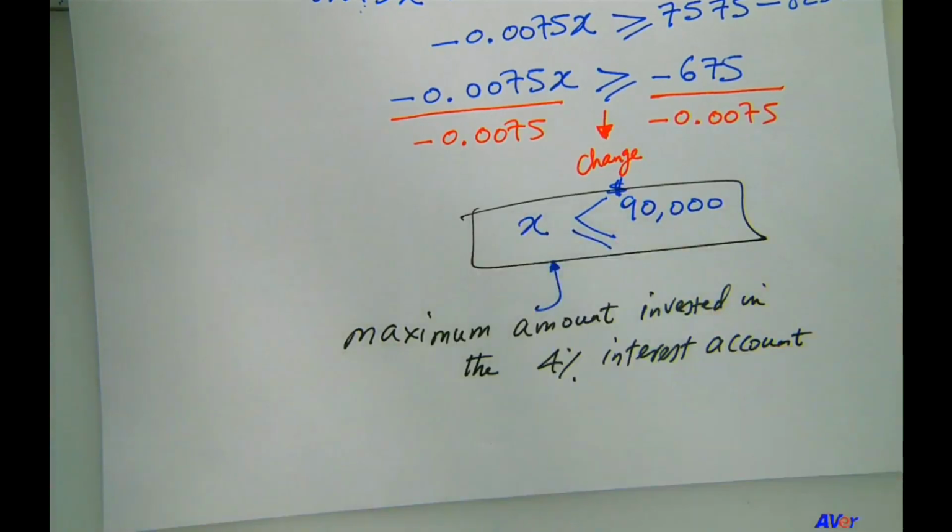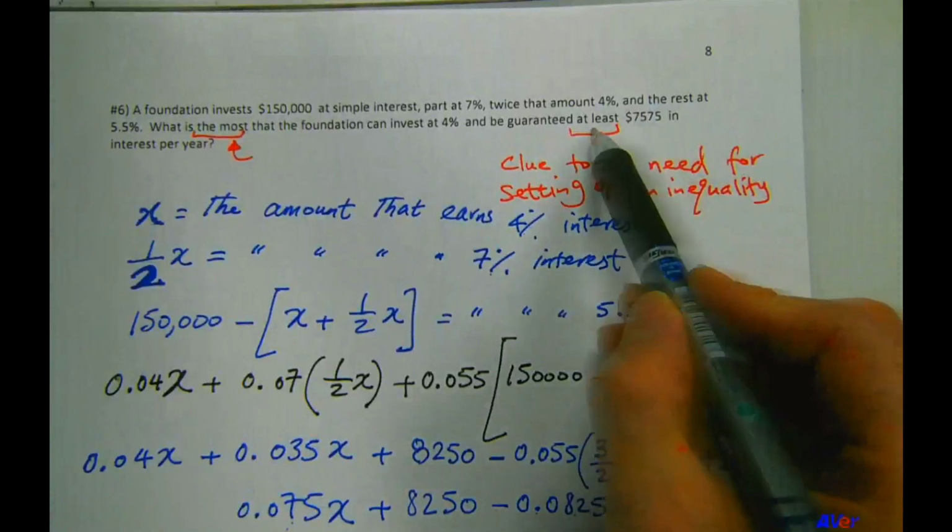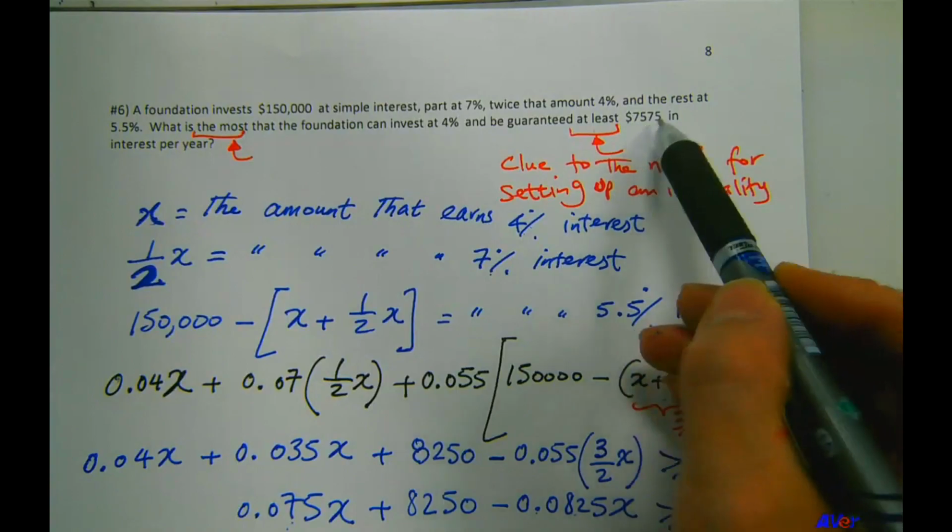Anything less would be acceptable. 90,000 itself would be acceptable, but not anything more than 90,000, in order to guarantee the foundation at least this much interest in revenue.